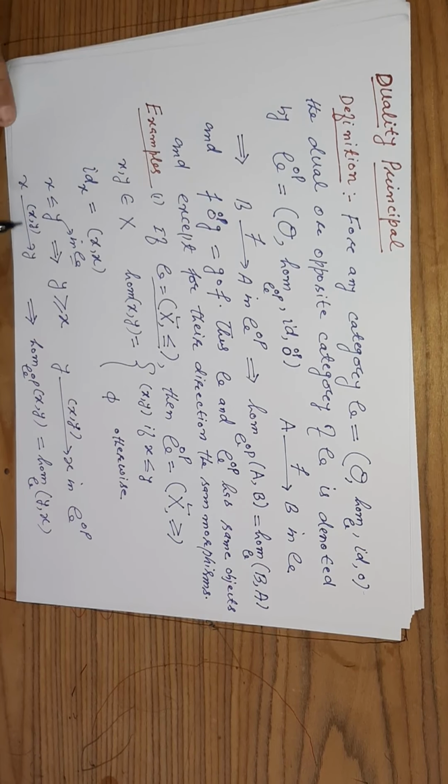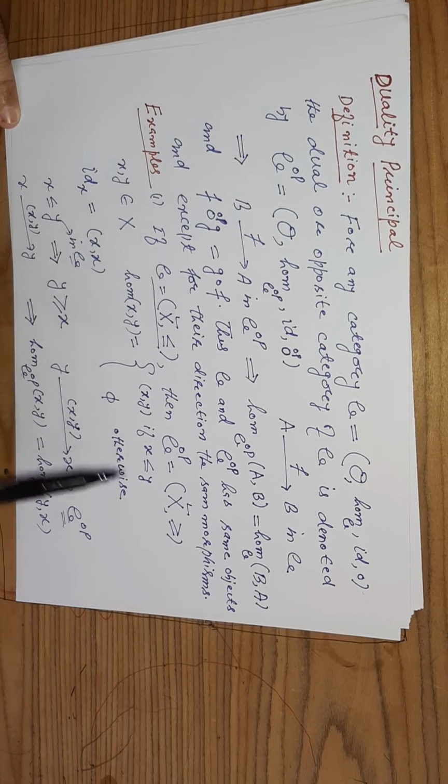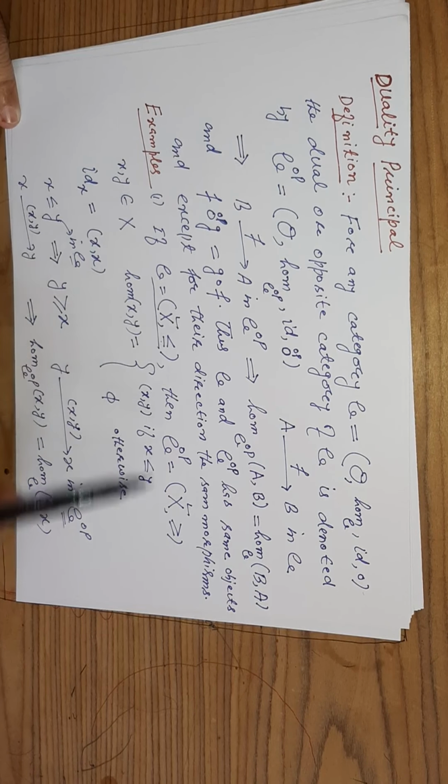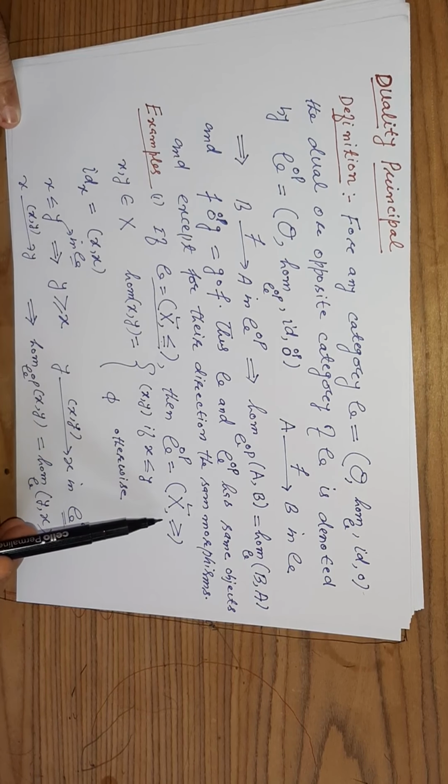So if C is a pre-ordered class considered as a category, then C opposite is the same category, but you just change the relation. Instead of less than or equal to, you now have greater than or equal to.